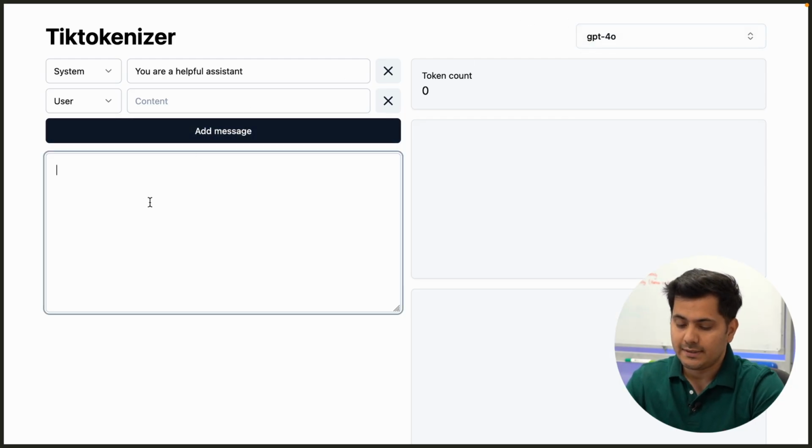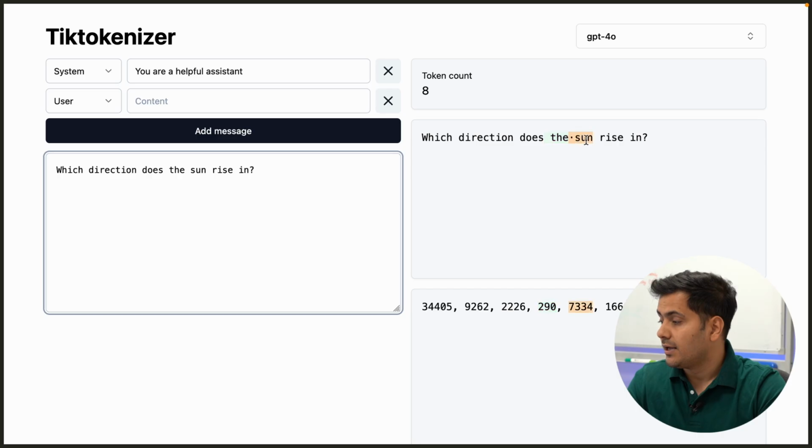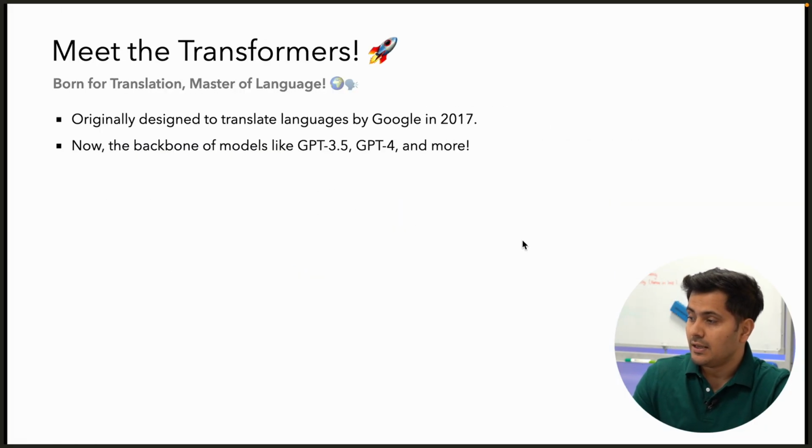Let's say my query is, which direction does the sun rise in, right? And we can see the tokens that were produced, and these are the actual values of the tokens that the text is made up of. Right, so that's tokenization really quickly.